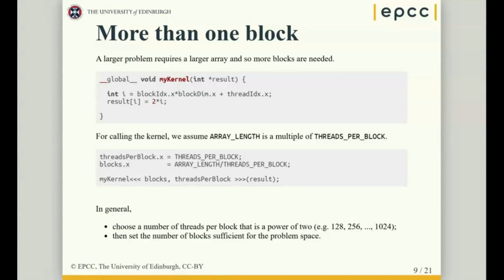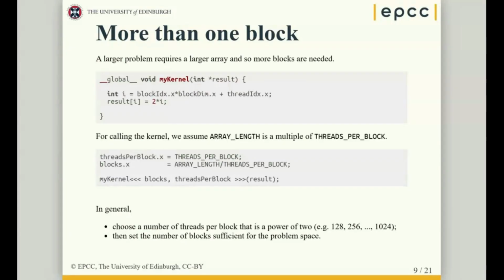Normally, we will see later why, we use a power of 2 numbers of threads per block. So we use 128, 256, 512, 1024. And we need to set the number of blocks enough to solve the problem space.